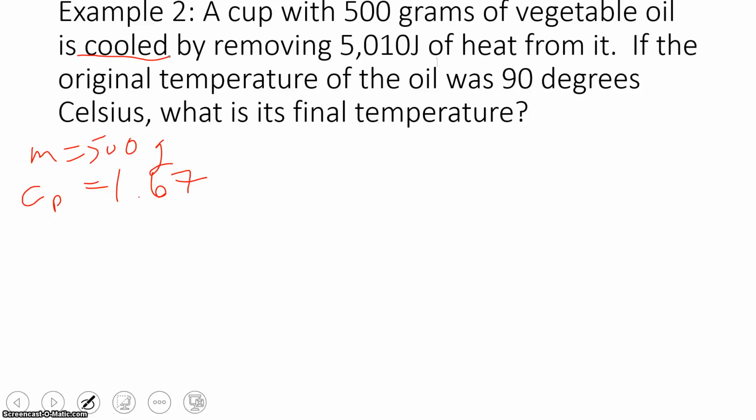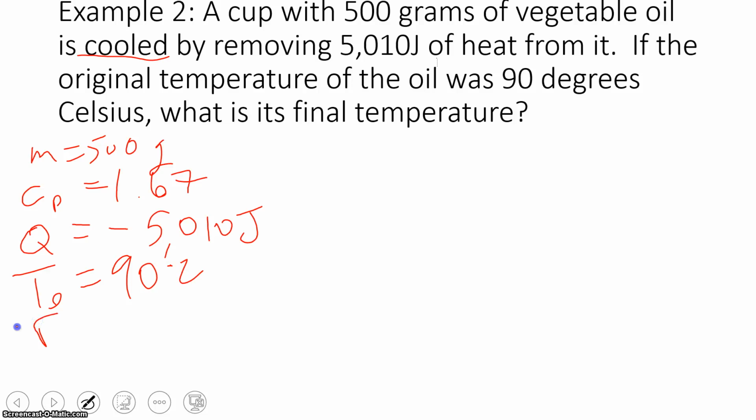Delta T will be negative by removing 5,010 joules of heat. So Q is negative 5,010 joules. If the original temperature was 90 degrees, what's the final temperature? So T original is 90 degrees Celsius. It wants to know what T final is.